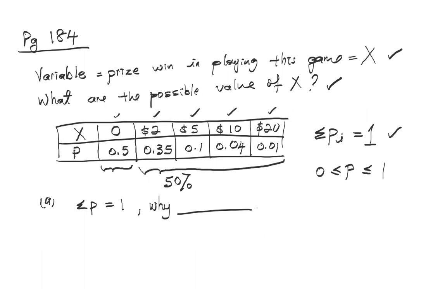Because these are all the possible outcomes for this variable X that we define. So the chance for all these outcomes to happen is 1. So it definitely will happen. If you don't want to say the chance is 1, you say this definitely will happen.